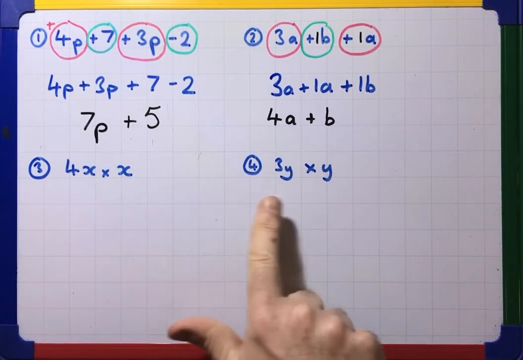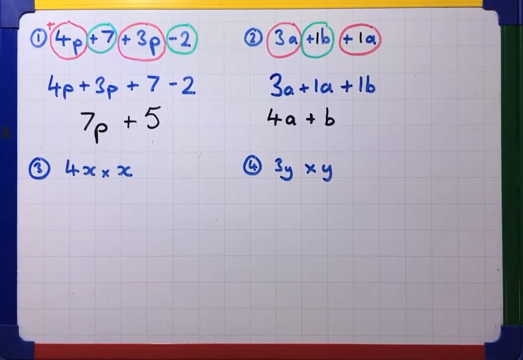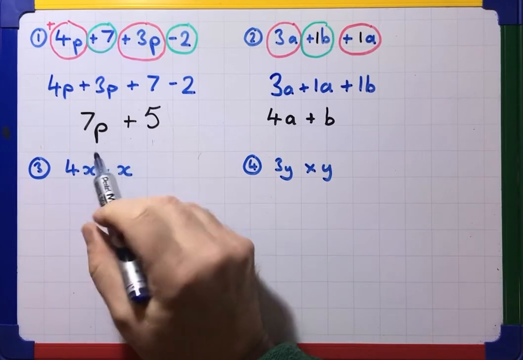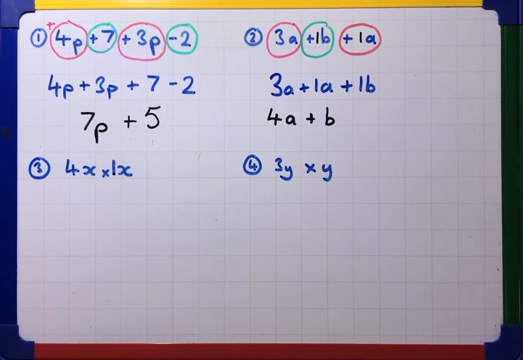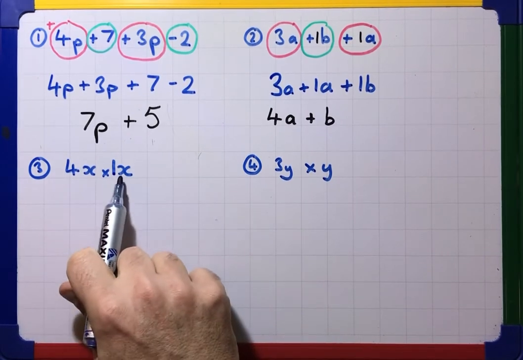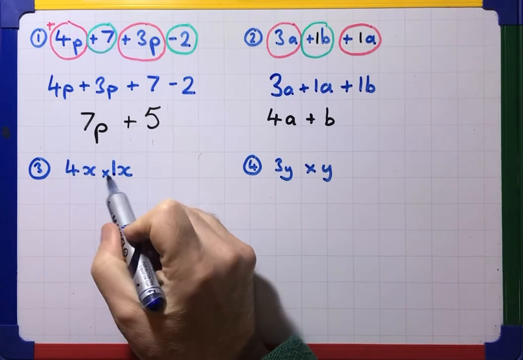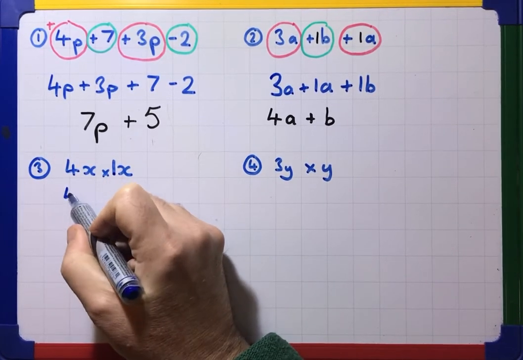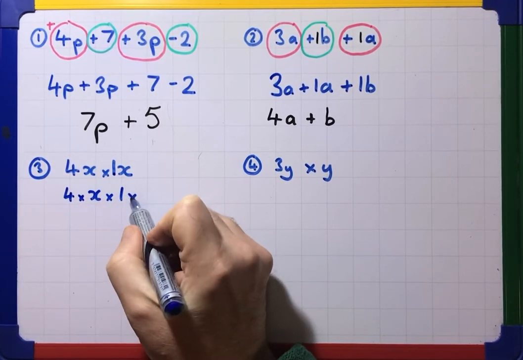Okay, that's when we're adding or subtracting with terms. The next two bits I'm going to look at are when we're multiplying. Again, I will remind you that if we write x, we really mean 1x. So if I did this, now when we're multiplying, we can think of that as 4 times x times 1 times x.